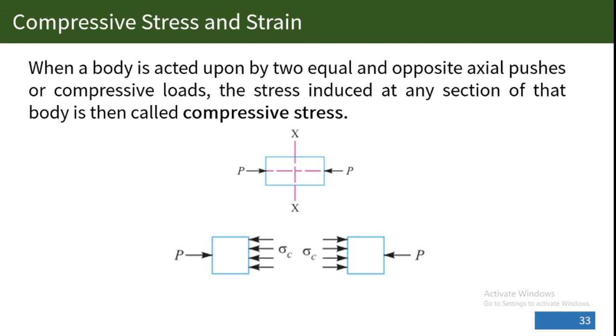With tensile stress, the applied loads tend to elongate the body, as axial pulls. The way compressive loads are applied is the exact opposite of the tensile loads. While tensile loads tend to elongate a body, compressive loads tend to shorten the body.